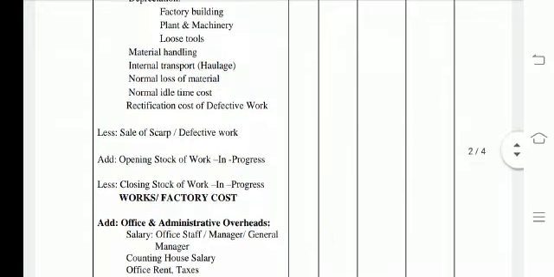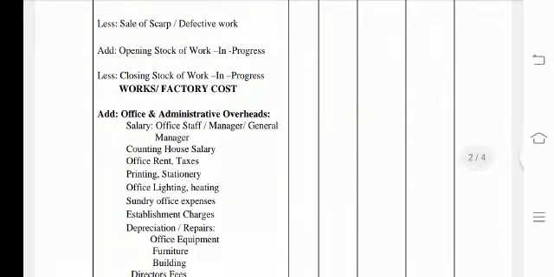Deduct the sale of scrap, add the opening stock of work in progress and deduct the closing stock of work in progress, and finally you arrive at factory cost, also called works cost.